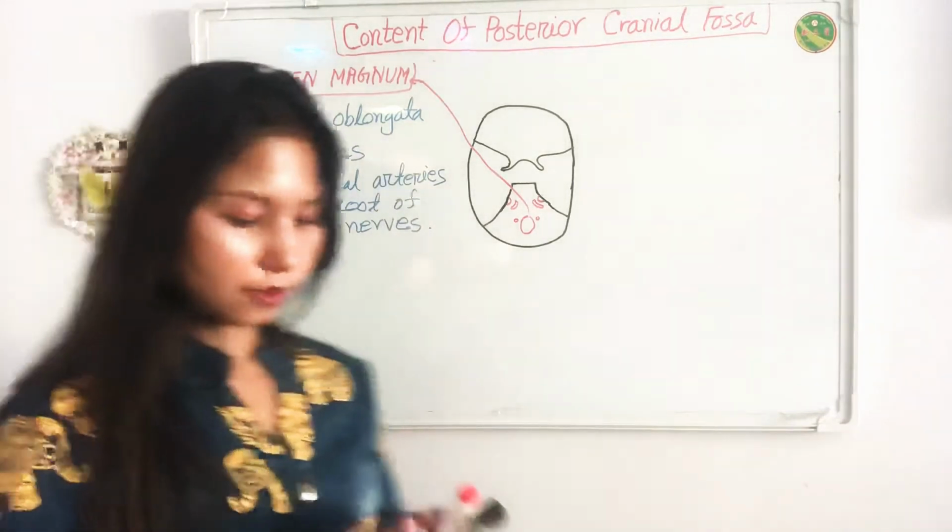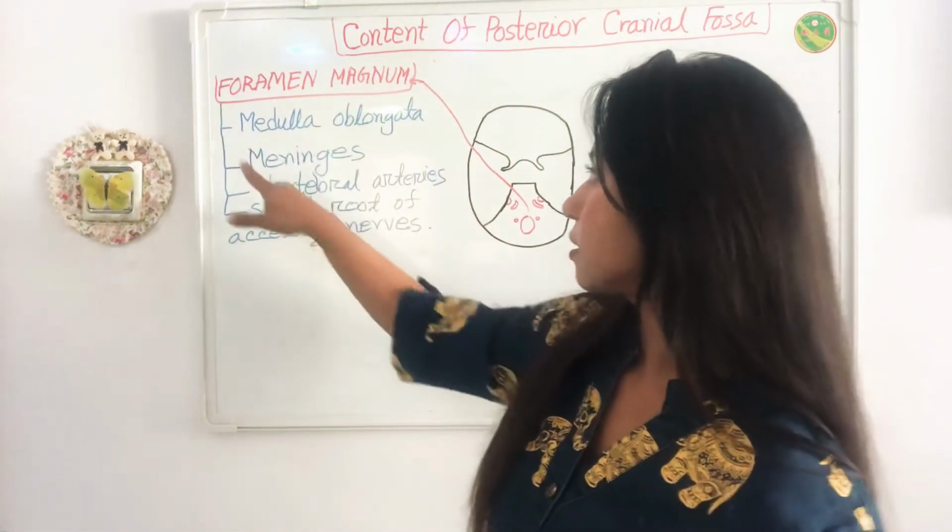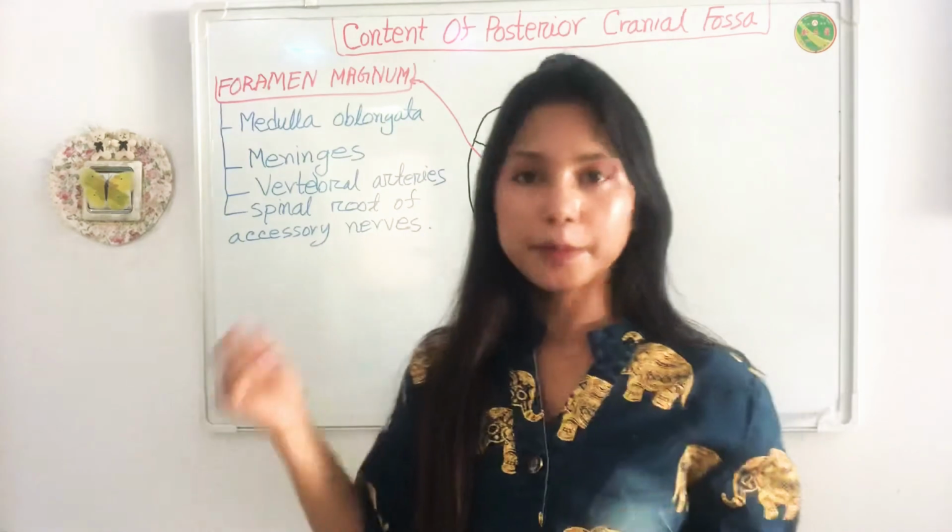So you can see these four structures pass through the foramen magnum.